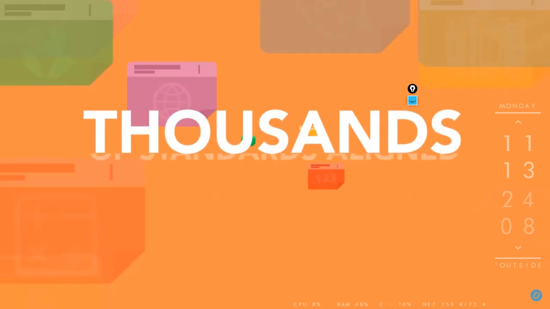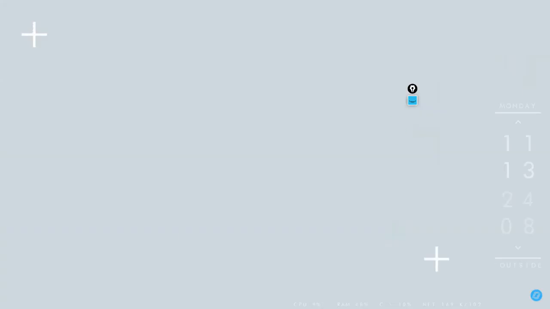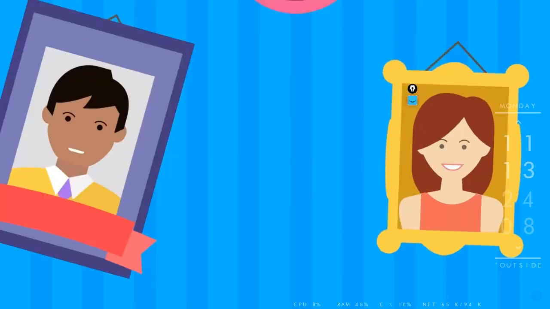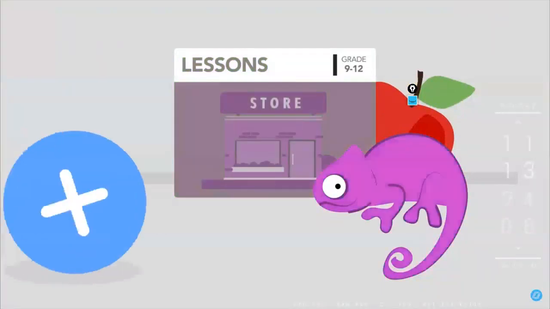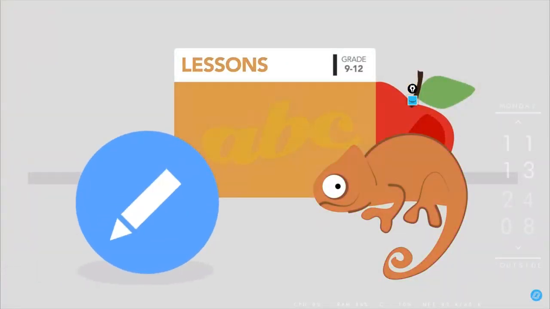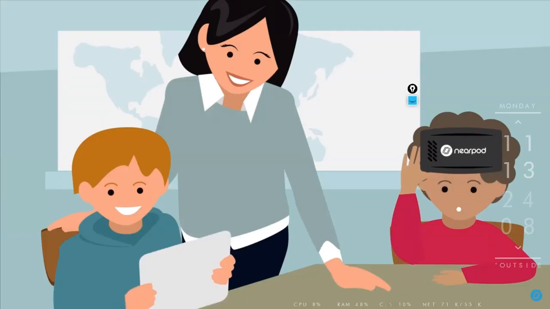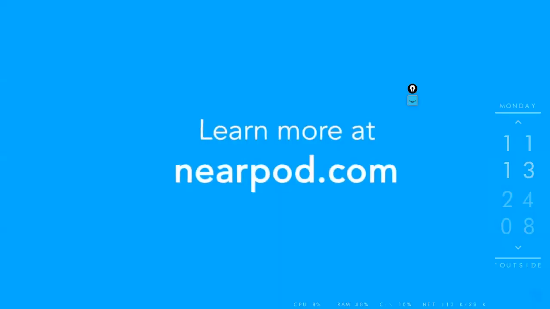Nearpod also has a library of thousands of ready-to-run, standards-aligned K-12 lessons across all subjects from a curated list of trusted publishers. All lessons are editable and customizable to meet the needs of individual teachers and students. Nearpod is the most comprehensive student engagement platform that your students will love.